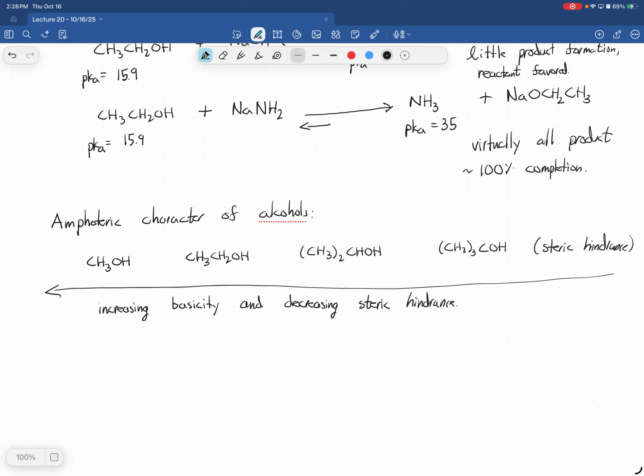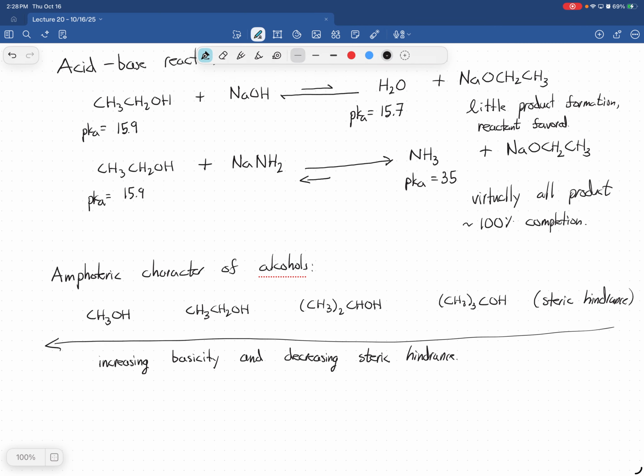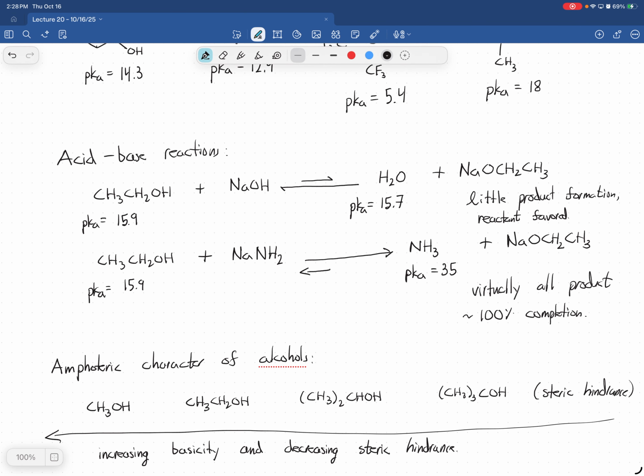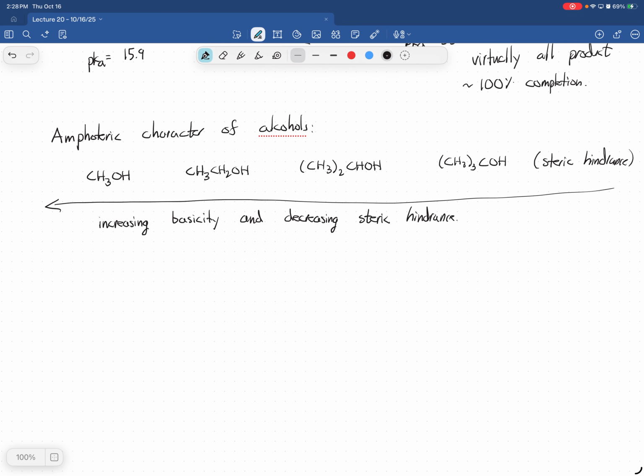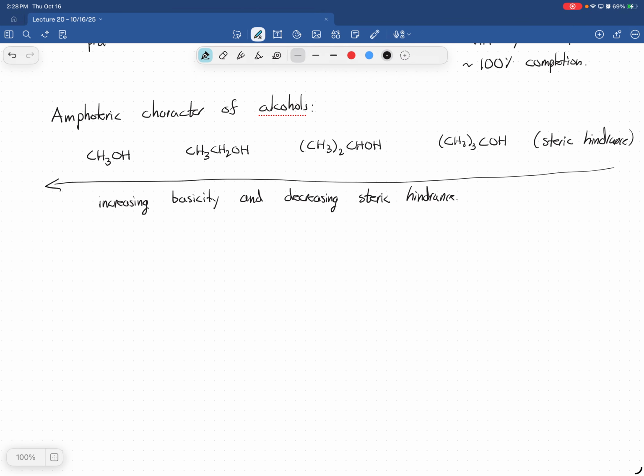So the key thing here is that we should recognize that alcohols are both acidic and also basic. They can actually react with stuff and pick up a hydrogen. That's why we wrote things like this. Remember the basicity here?